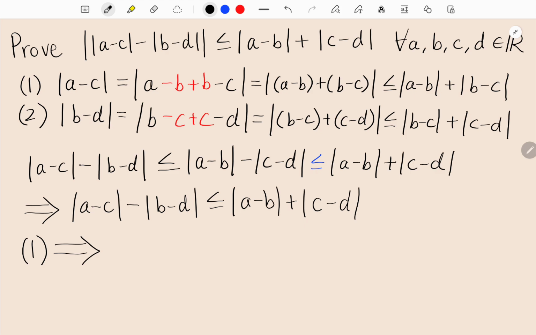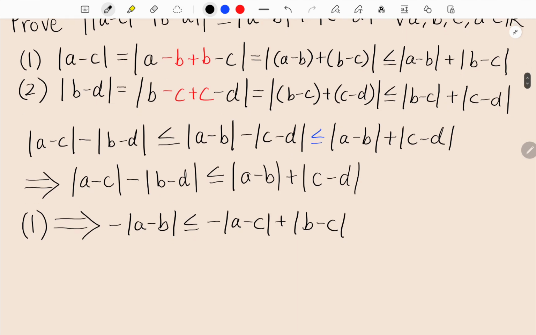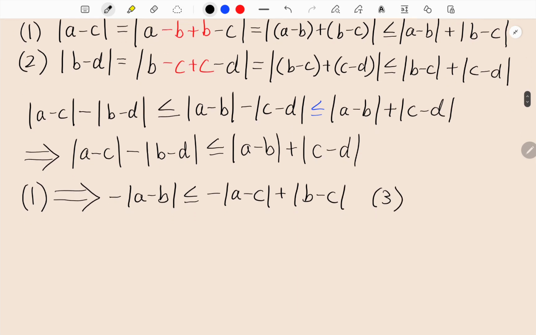So manipulate this inequation, and I get the negative absolute value of a minus b is less than or equal to negative absolute value of a minus c plus the absolute value of b minus c. So this will be inequation 3.